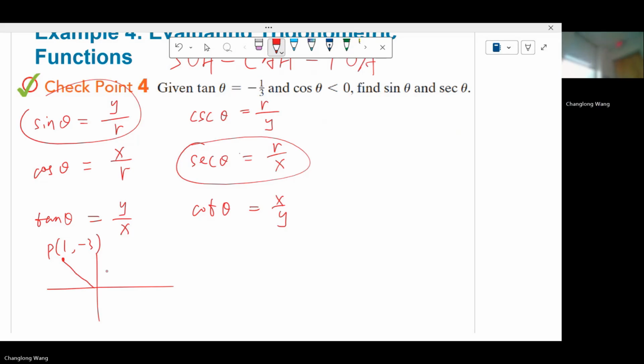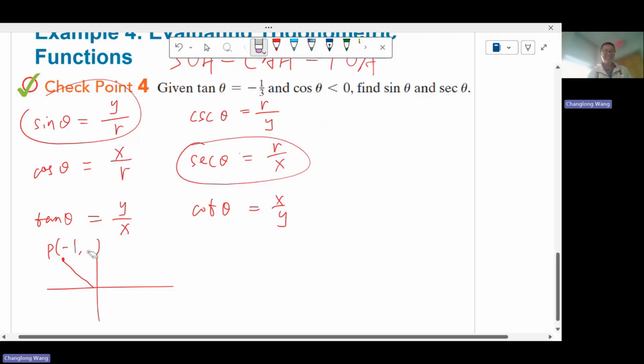Oh yeah, thank you, negative 1. So negative x, positive y. Why does y have to be 3? Oh, am I doing this right? It happens. Well, it's good to show you that's a reality.